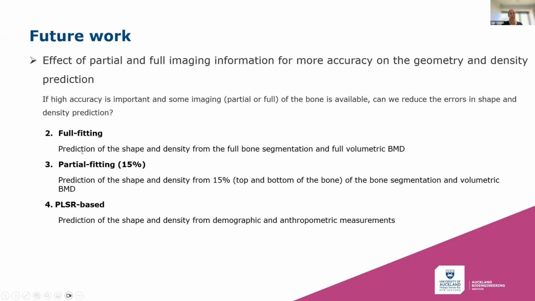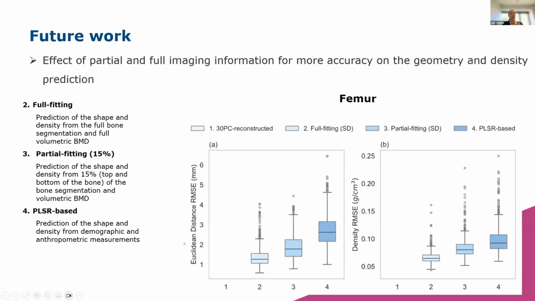She looked at full fitting, if you have the information about the shape and the density, and partial fitting, if you only have 15% of your proximal and distal end of the bone, and the PLSR is the one that I just showed. So we've seen here the root mean square error in distance and the root mean square error in density.